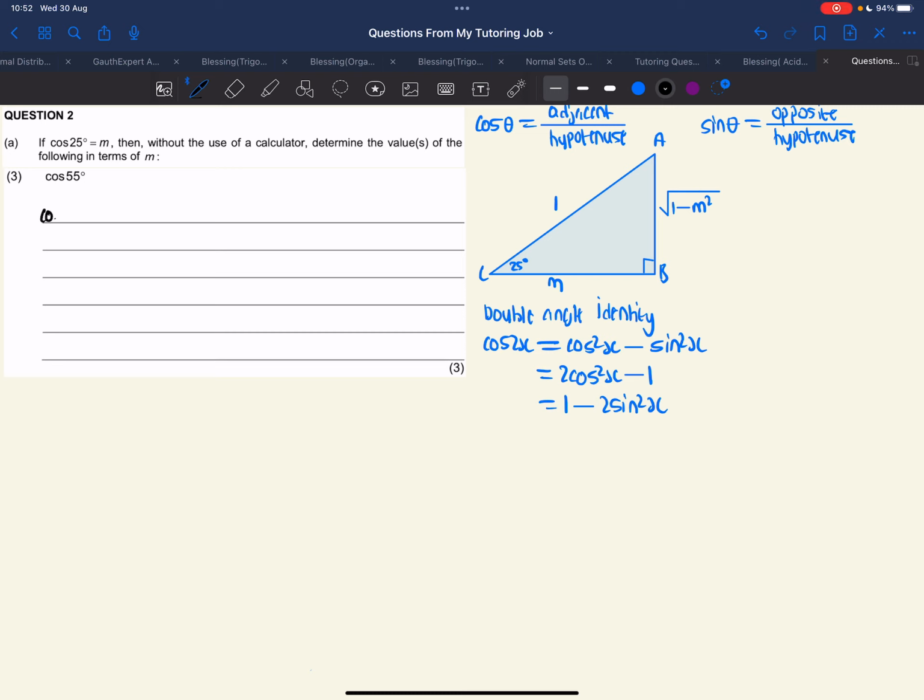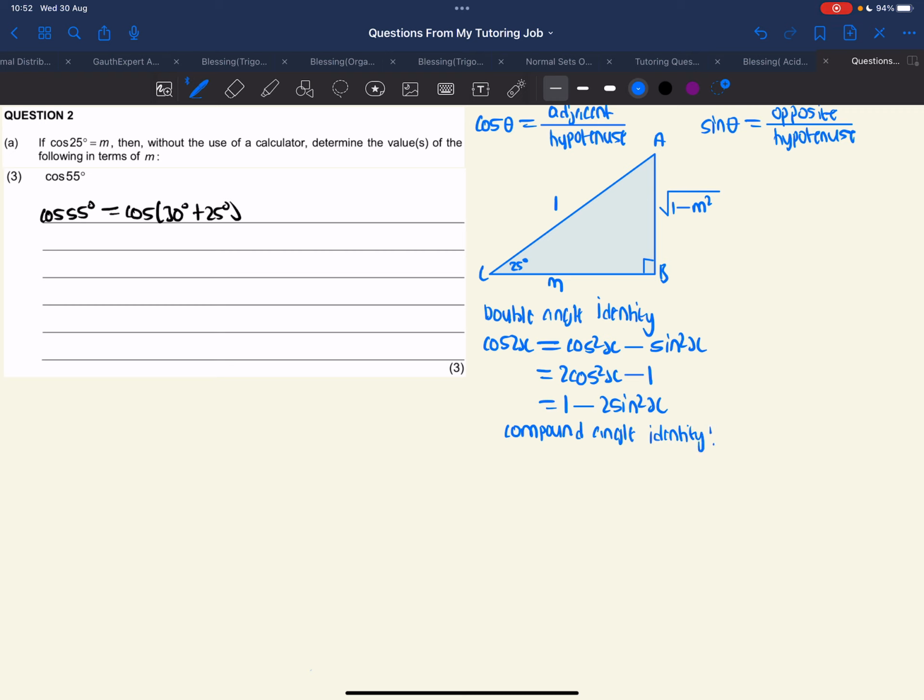So now I can say that cos of 55 degrees is the same as cos of 30 degrees plus 25 degrees. Now what we're going to do is use something called the compound angle identity.